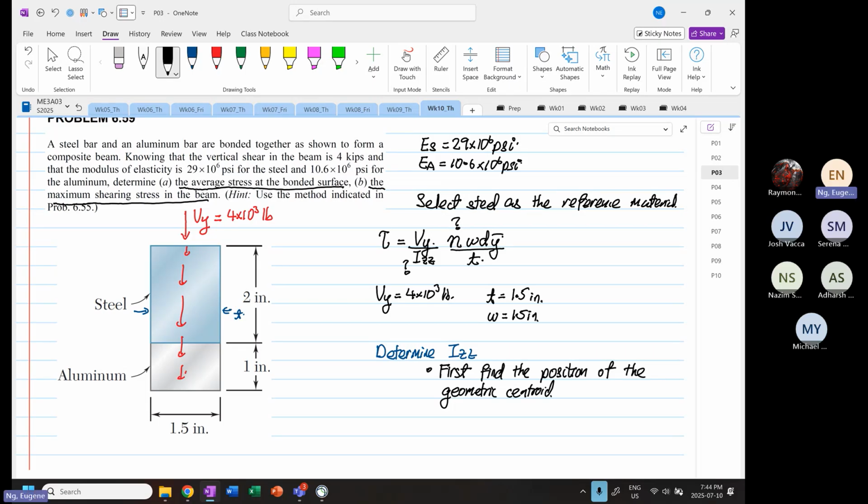Because it's a sandwich material, you cannot say that the centroid is 1.5 inches from the top. Does not work like that now.